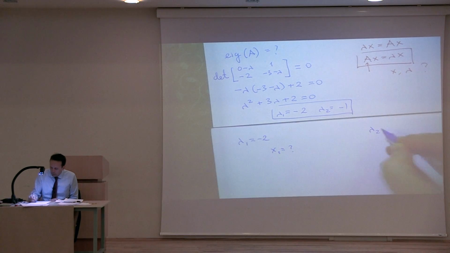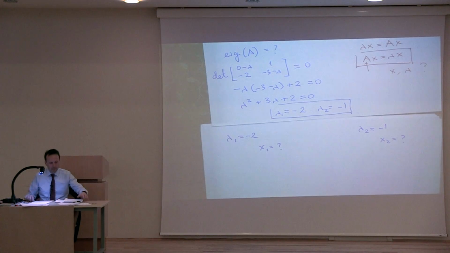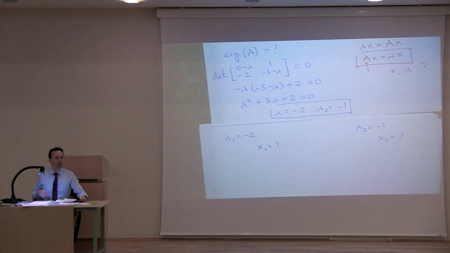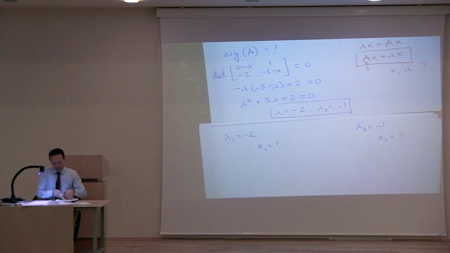For the other eigenvalue, you should find the eigenvector, let's call it x2. So could you please find them? Let's make it an exercise. Let's give it a minute. Please find the eigenvalues, eigenvectors.